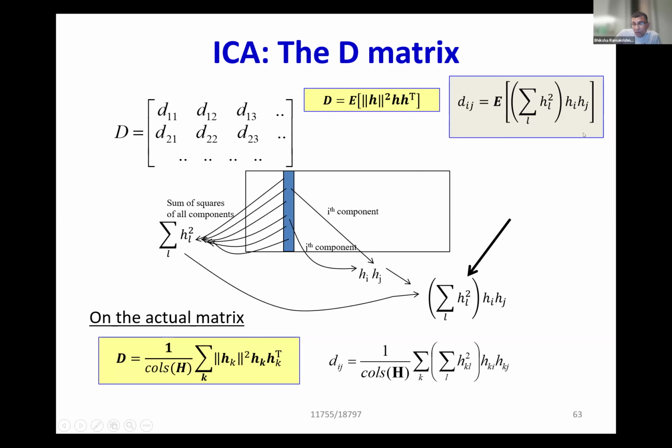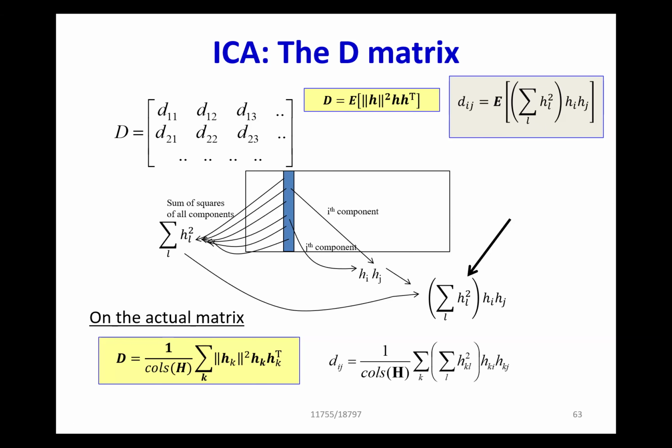So how is this different from your correlation matrix? Can you tell me? How is this different from the correlation matrix? What extra term does it have?